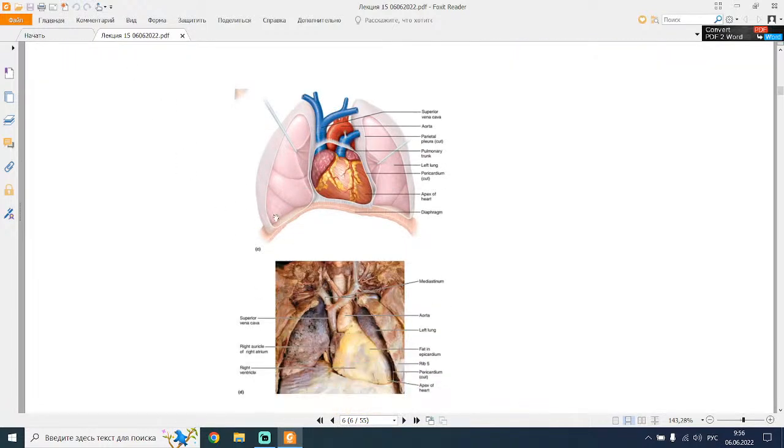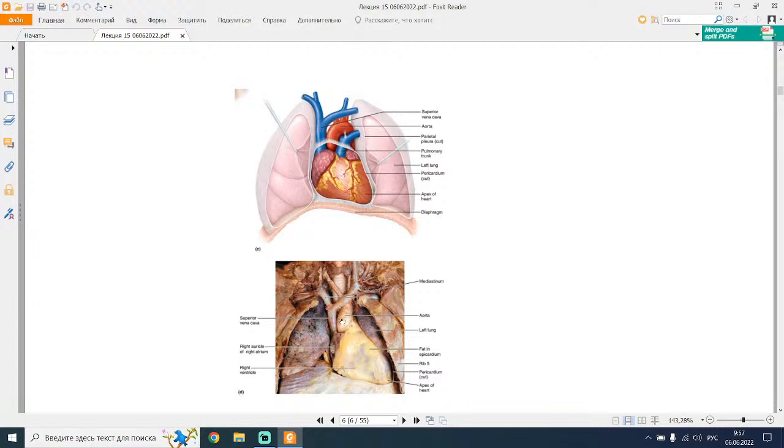What you see is the vena cava superior, vena brachiocephalica right, and vena brachiocephalica left.